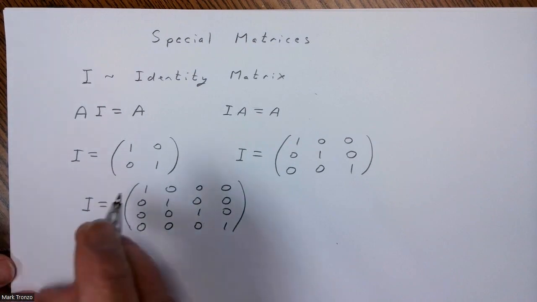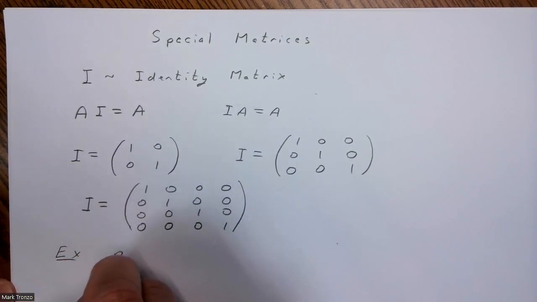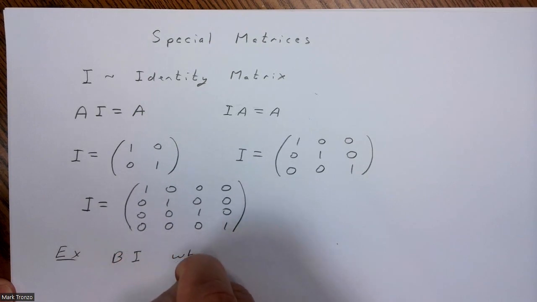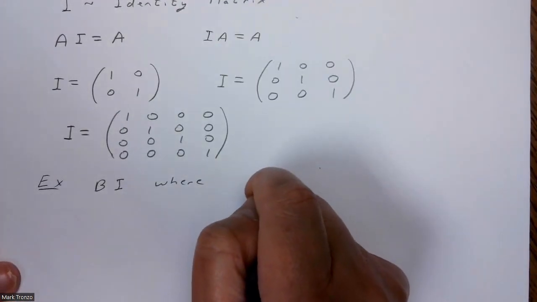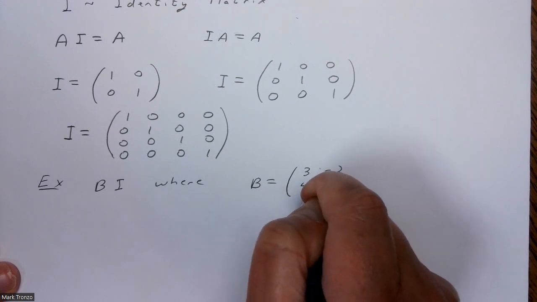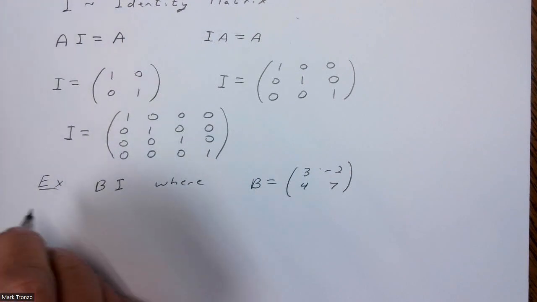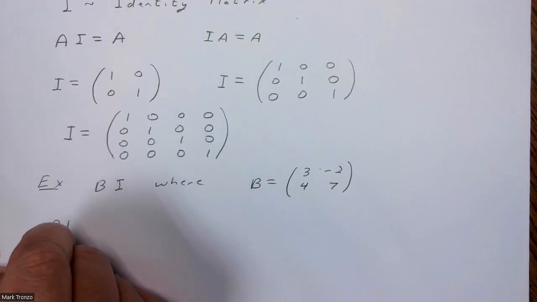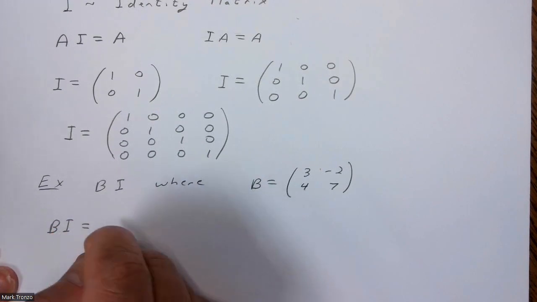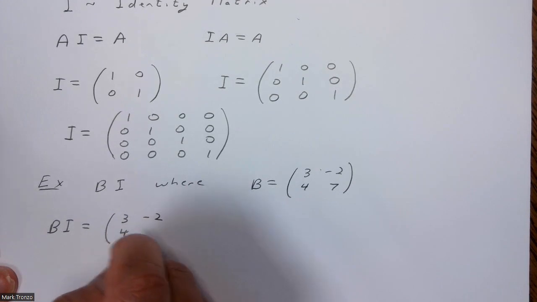So for example, let's do an example here. Let's take B times I, where say B is 3, minus 2, 4, 7. And so find this. So B times I is going to be 3, minus 2, 4, 7.